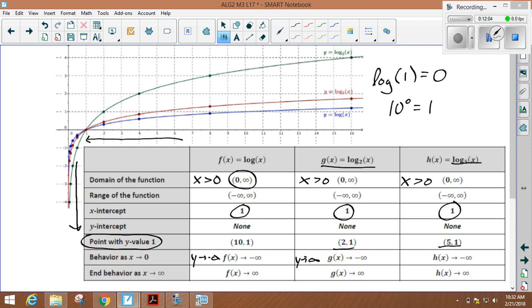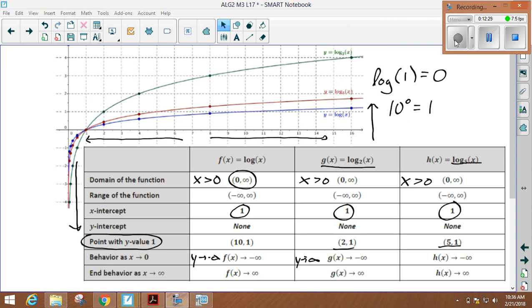For F, the behavior as x approaches infinity. Well, is there ever a point where this thing stops increasing? No, it just keeps going, right? So now we're saying as x goes this direction, what happens to y? It just keeps increasing. So let's go ahead and answer G. What's the range of our function?